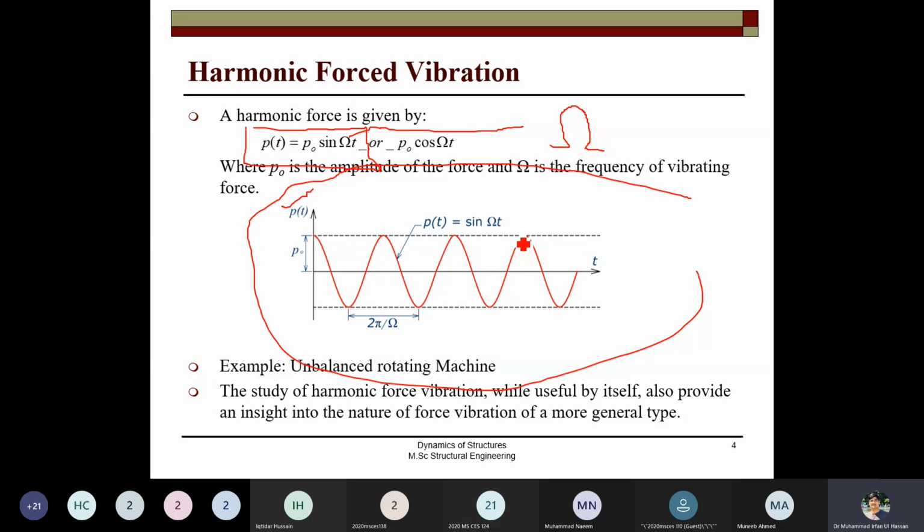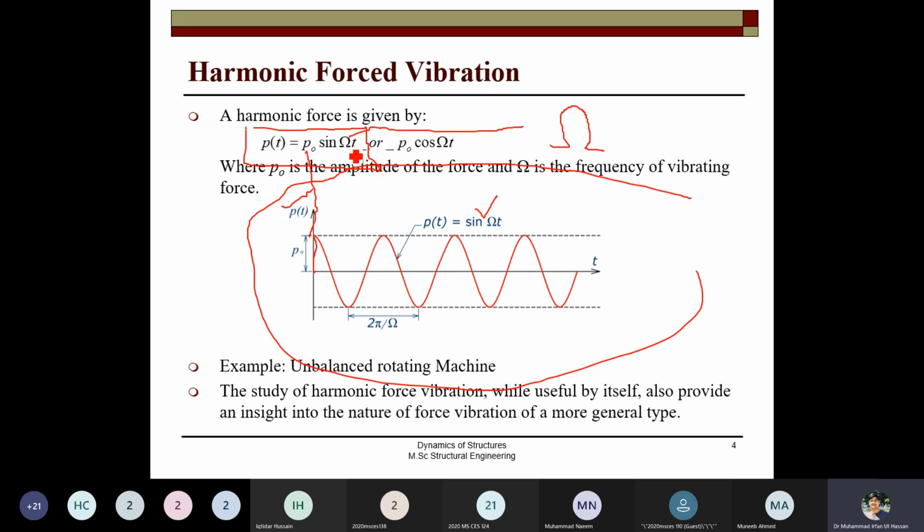Examples for this are an unbalanced rotating machine, eccentric mass vibration, generator, mill, paper mill, whatever. So this is a regular vibration of the force. This is regular, P(t) is sin omega t, because of which this behavior is seen, where P naught is the amplitude, the initial amplitude. So it is a force which is changing with time.